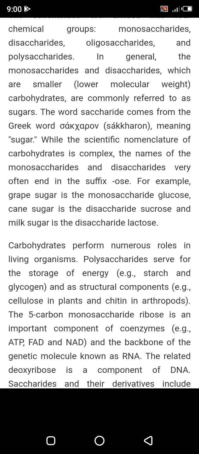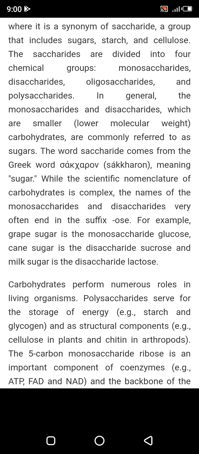In the above paragraph, we studied that carbohydrates are further divided into monosaccharide, disaccharide, oligosaccharide, and polysaccharide. In general, monosaccharides and disaccharides are similar, and polysaccharides and oligosaccharides are different from each other. The word saccharide is derived from the Greek word saccharon, meaning sugar.